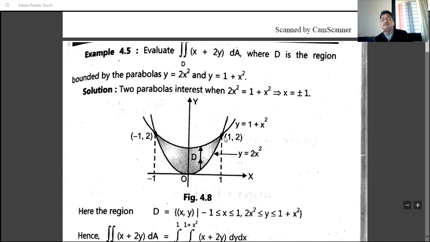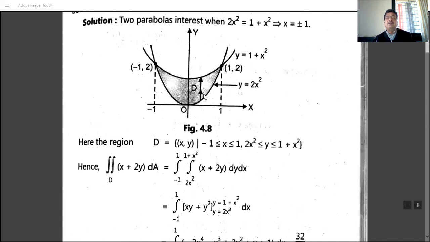Therefore (1, 2) is one point of intersection of these two parabolas, and (-1, 2) is another point of intersection. So these are the points of intersection of these two parabolas.